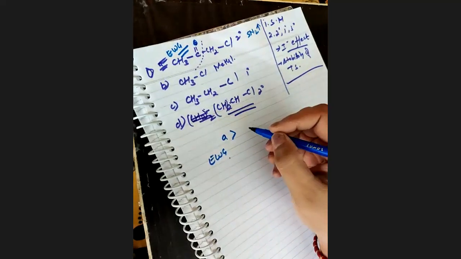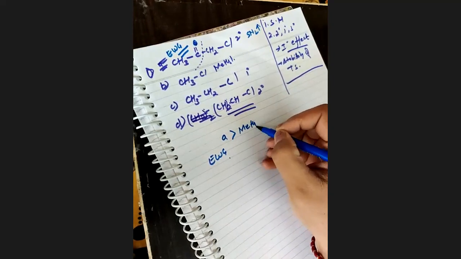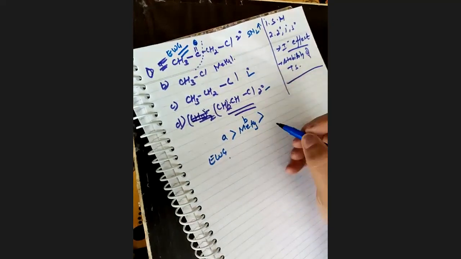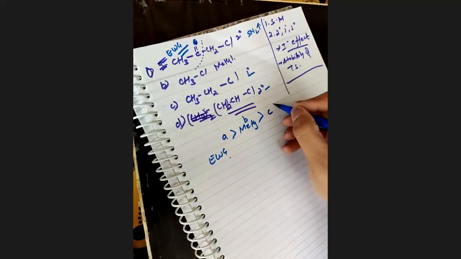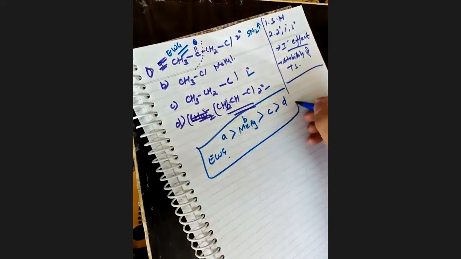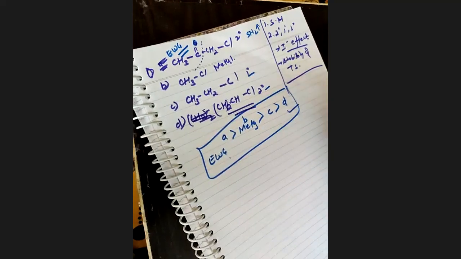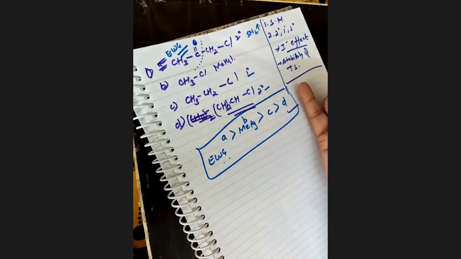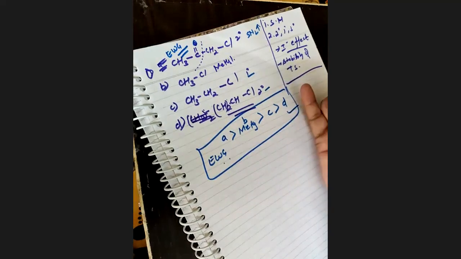After that, we know methyl groups come. Methyl group, that is B, then primary, then secondary, then C, and then D. So this will be your arrangement. D will show less SN2 and the electron withdrawing group shows more SN2. Clear?